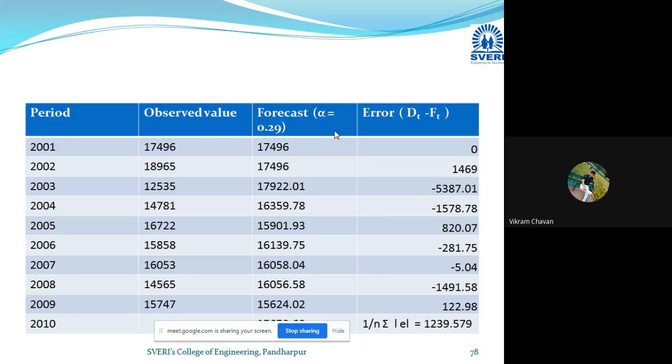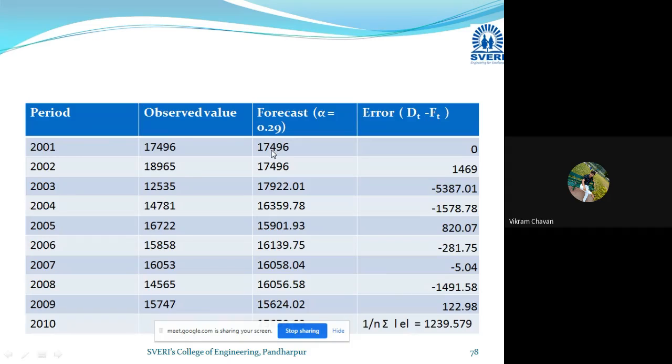So shall we move ahead? Now the 2001 observed value is 17,496. According to our statement, we have to consider this initial demand as the forecasted demand.